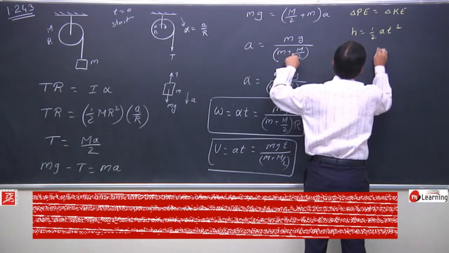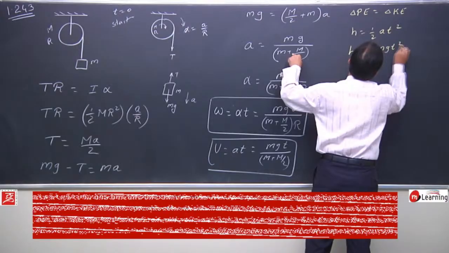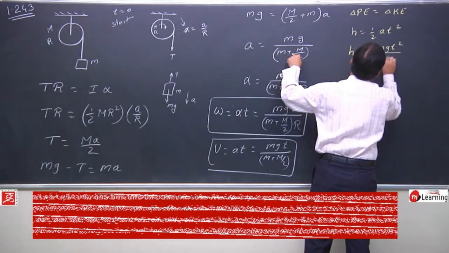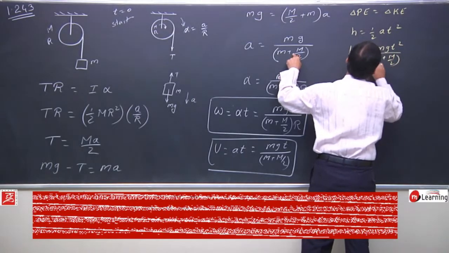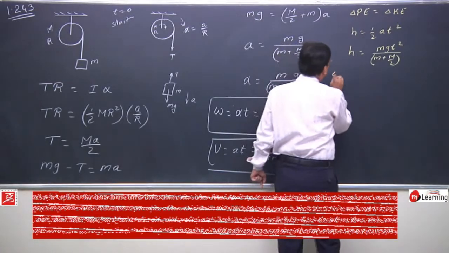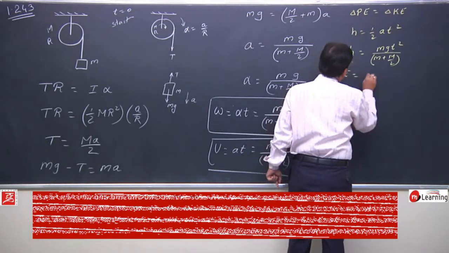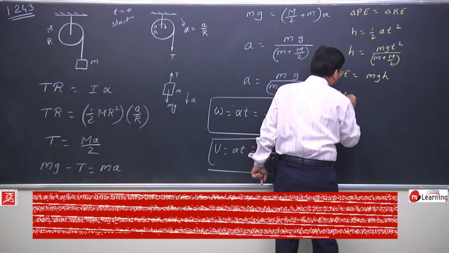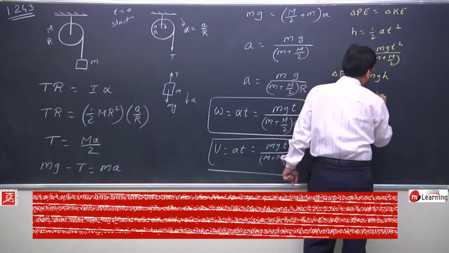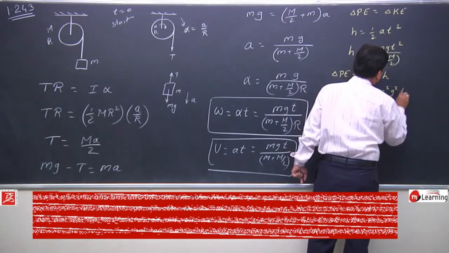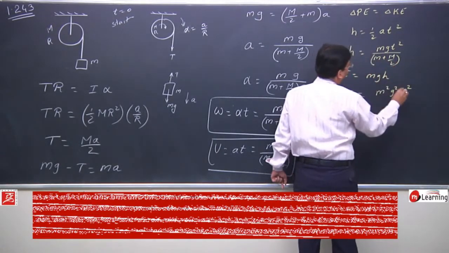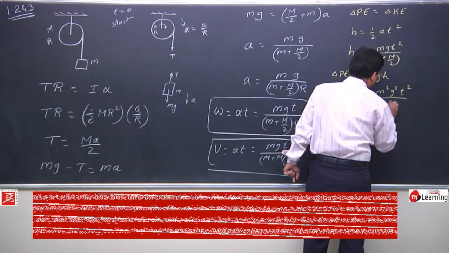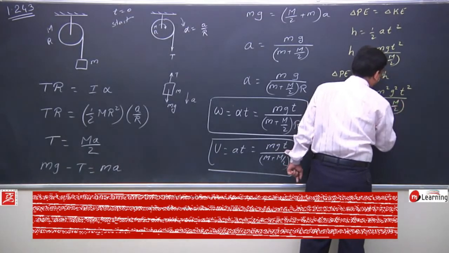H is equal to mg t square by small m plus capital M by 2, and change in potential energy is mg into H, or change in potential energy is m square g square into t square by small m plus capital M by 2.